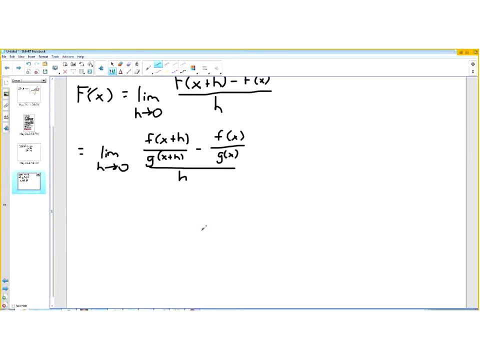Okay, so if I go ahead and simplify the numerator, multiply upstairs and downstairs by the common denominator in the numerator, we get this.